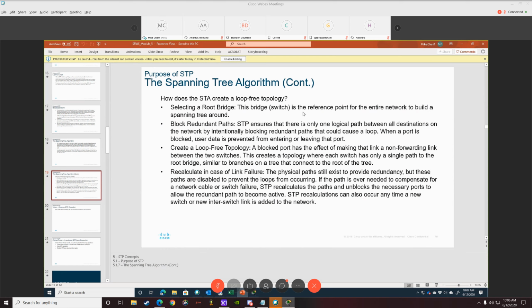And that's what they're talking about here: block the redundant path.